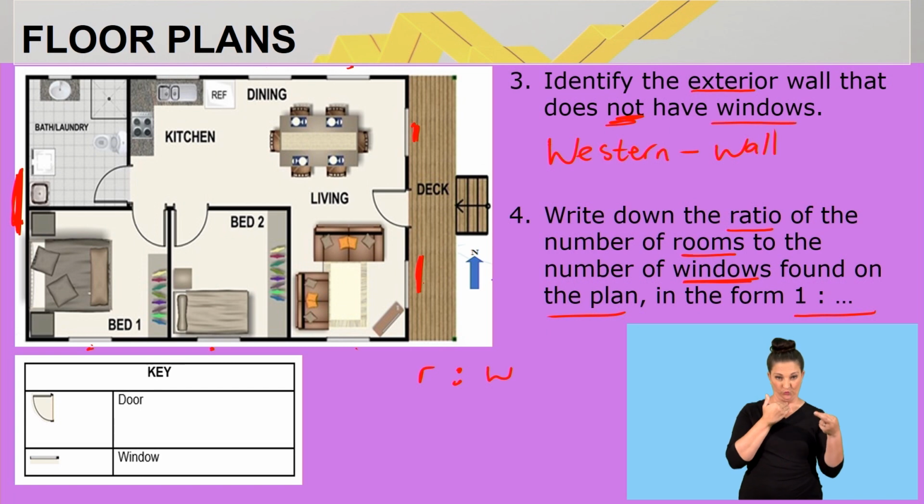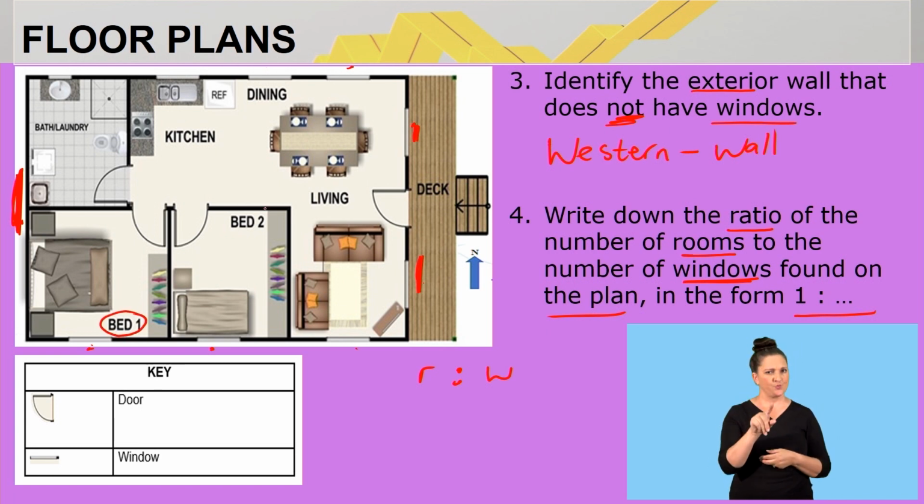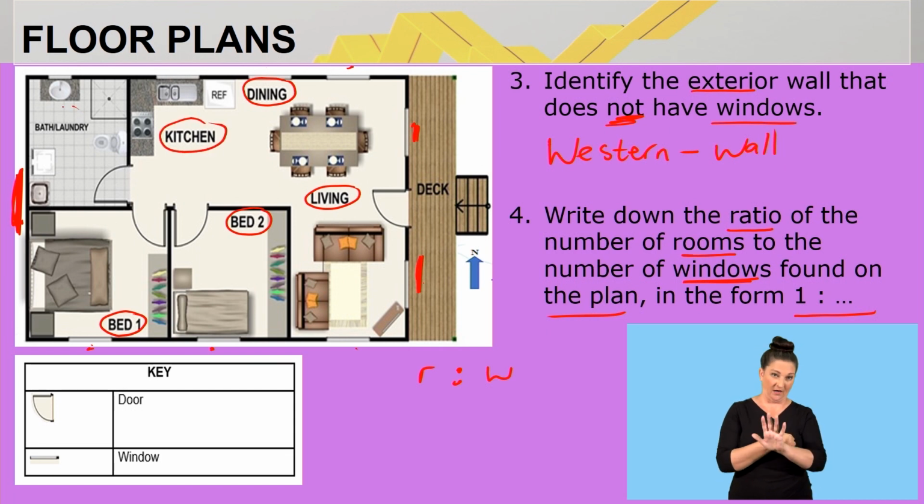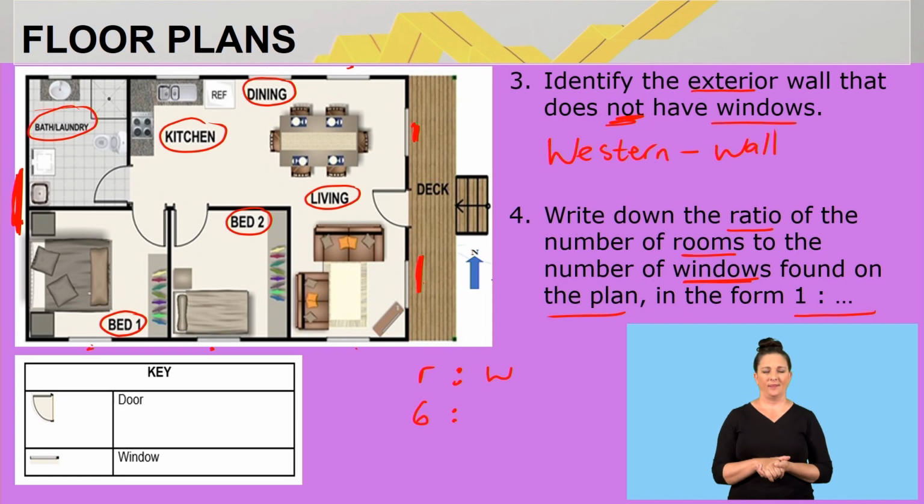Now let's quickly count the amount of rooms first. So it's bedroom 1, bedroom 2. So it's 2 rooms, the living room 3, dining room 4, kitchen 5, and then we have our bathroom. We agree, so there is 6. And I know sometimes we'll say, but this is an open plan. For this activity, this is seen as a room, because it's labeled as the living room.